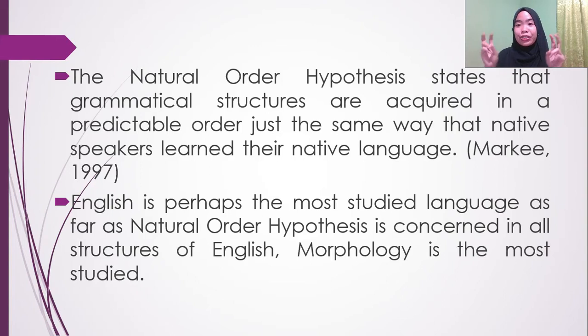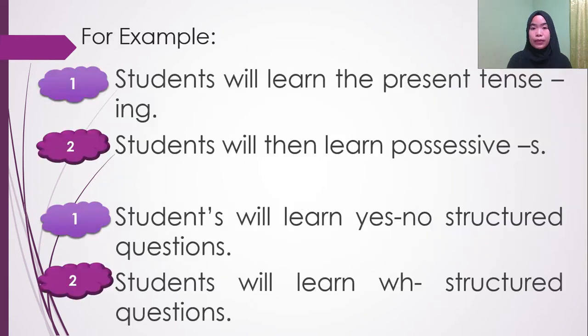Furthermore, the natural order means that ELL students, or English language learners, or even adults, acquire grammatical structures through a natural sequence, meaning they will learn certain grammar exercises before proceeding to the complex ones.